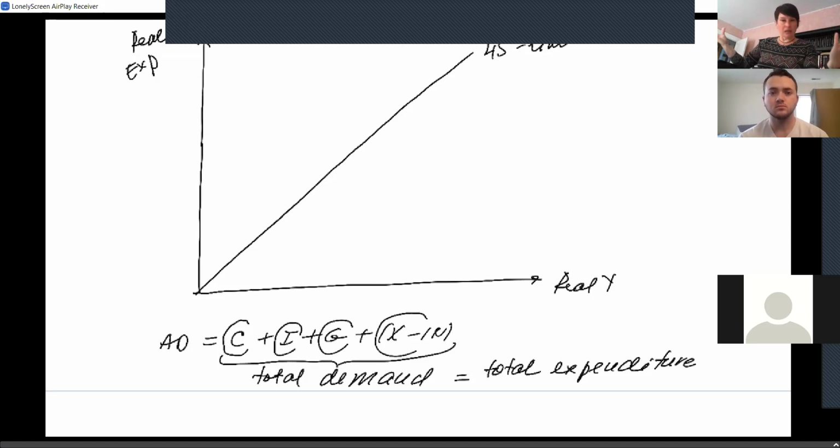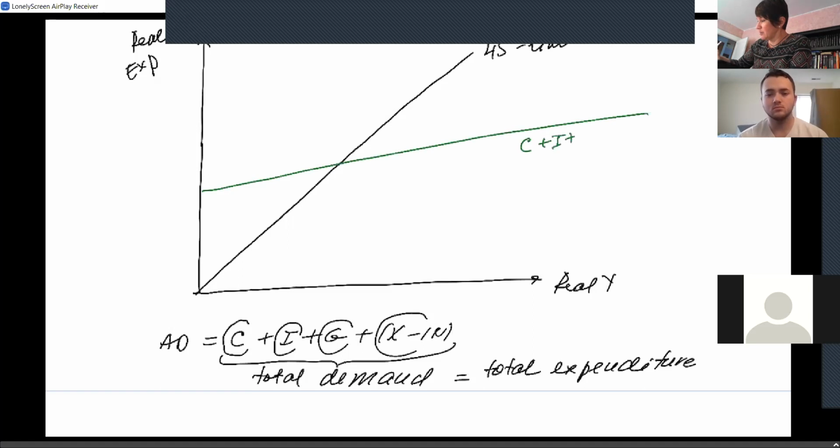So if the equilibrium condition states, show me your total expenditure, I'll show you what the output is like. All we need to do is picture the total expenditure line. I'm going to use a green one. Here is our total expenditure line. Now the vertical intercept.